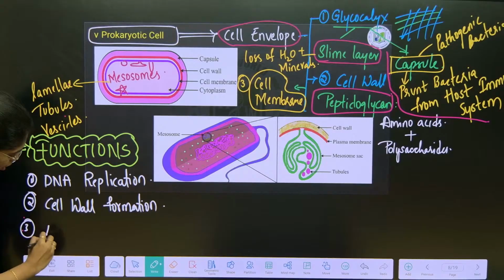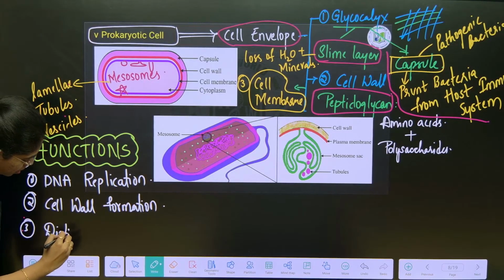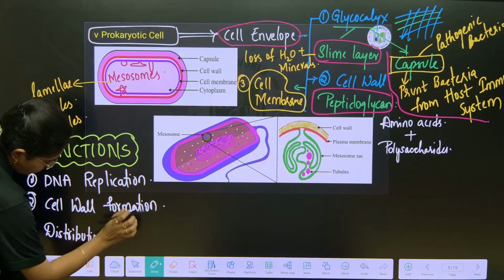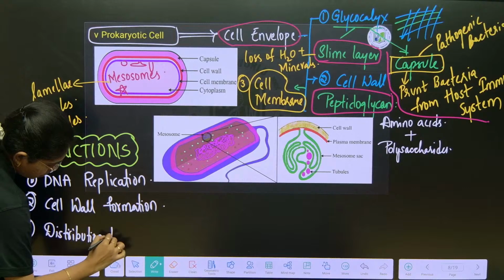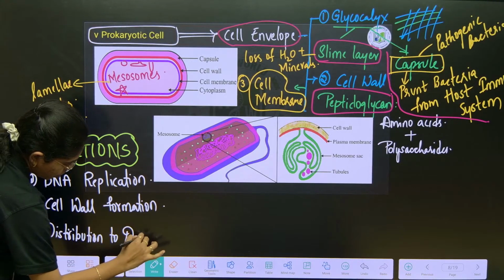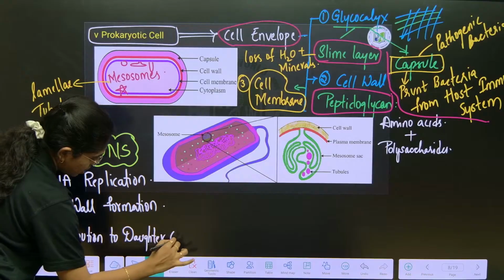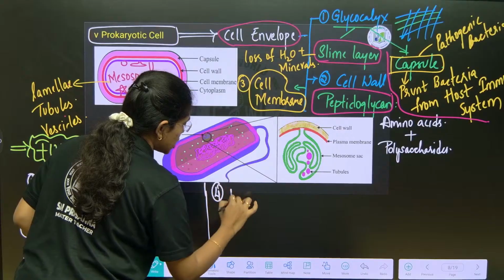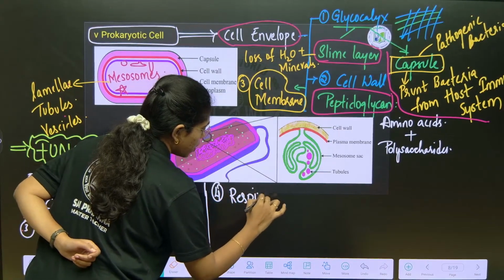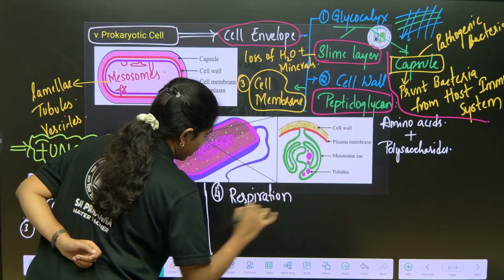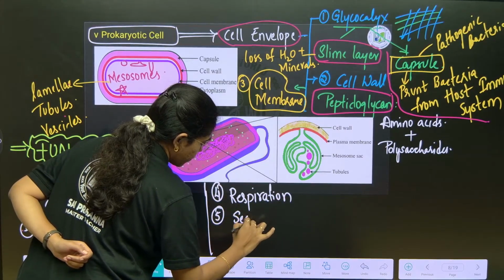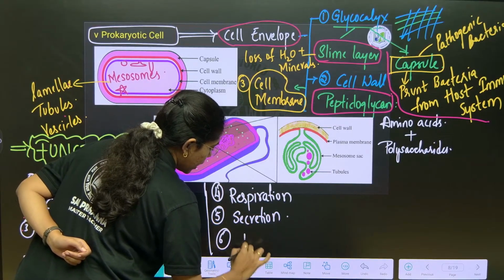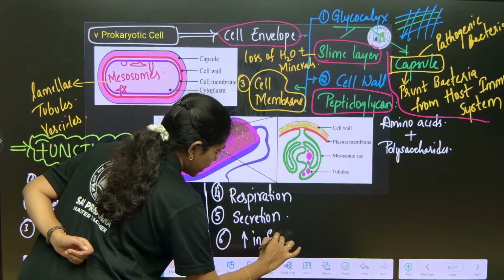Third will be distribution to daughter cells. Fourth is respiration. Fifth will be secretion. And sixth is increase in surface area.